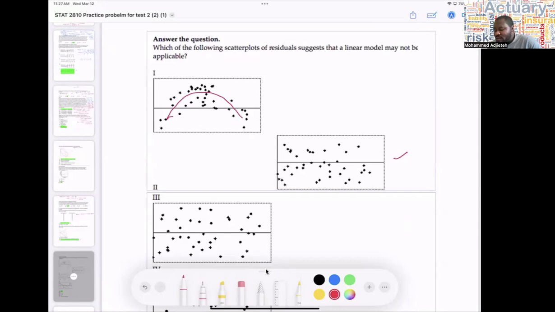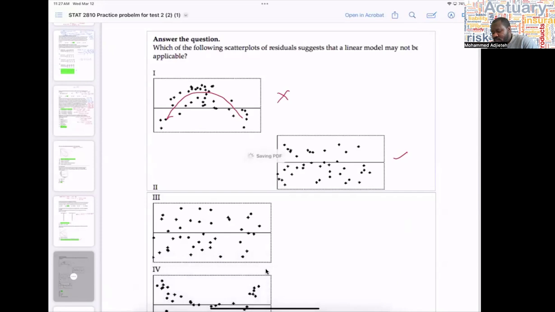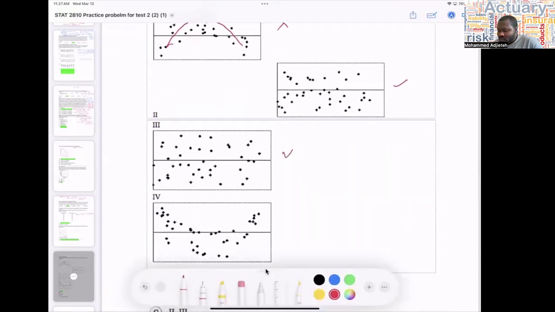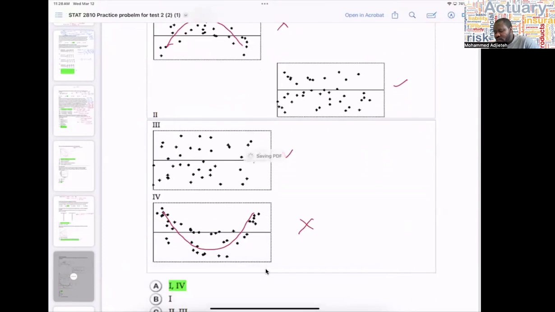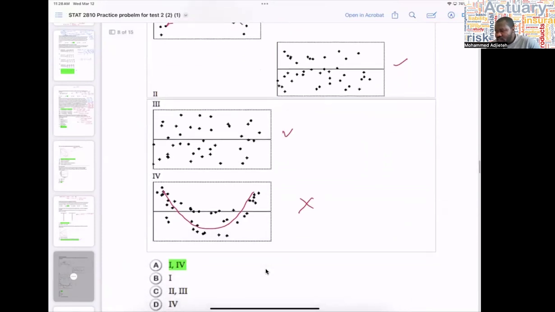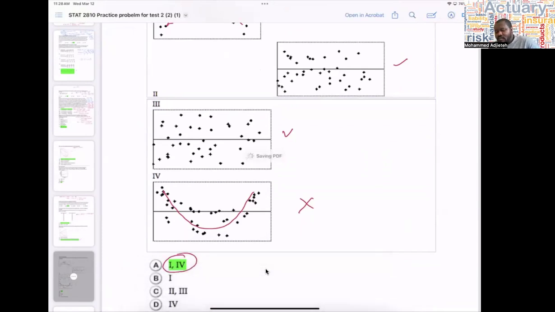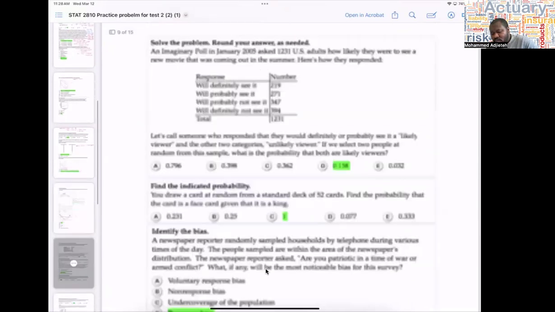And this also looks okay. This is also not okay because it is also looking like this. So it's very easy to spot them because we don't want stuff like that. It shows that the linear model is not appropriate. And so the correct answer is I and then IV. Now let's proceed.